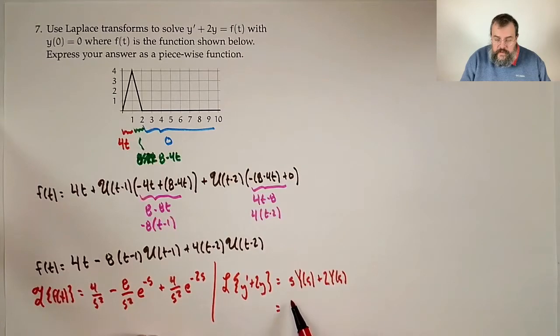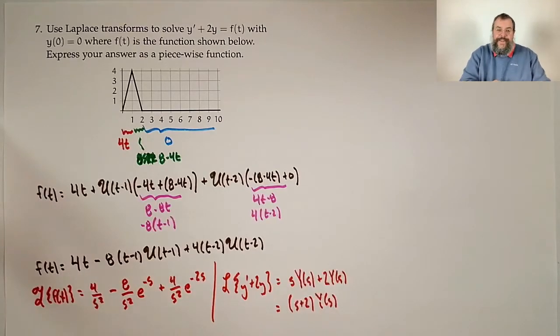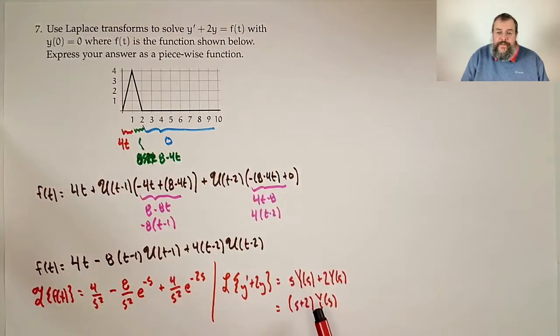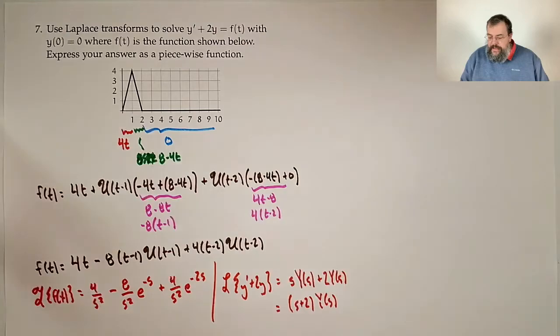Or if you like, that's s plus 2 capital Y of s. All right, great. So we know the Laplace transform of both sides, and so now we can solve, and we come up with the conclusion that the following is true.